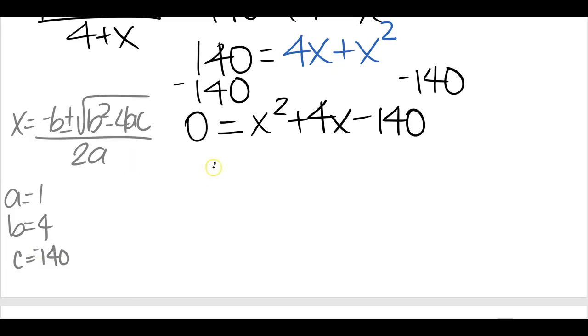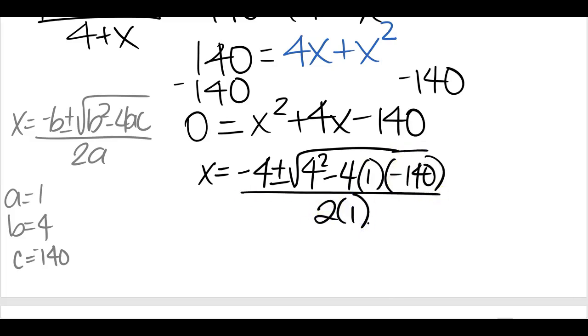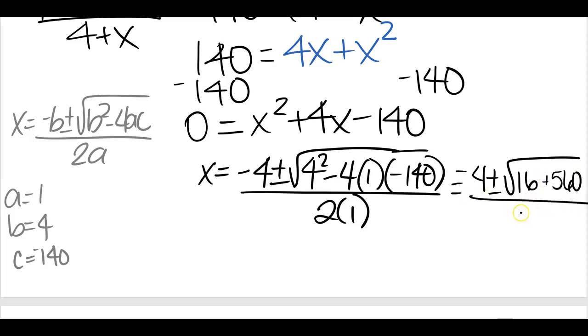So we've got x equals negative 4 plus or minus the square root of 4 squared minus 4 times a times c, all divided by 2 times 1. So that's going to be -4 plus or minus the square root of 16. -4 times 1 times -140 is going to be 560, divided by 2. 16 plus 560 is 576.